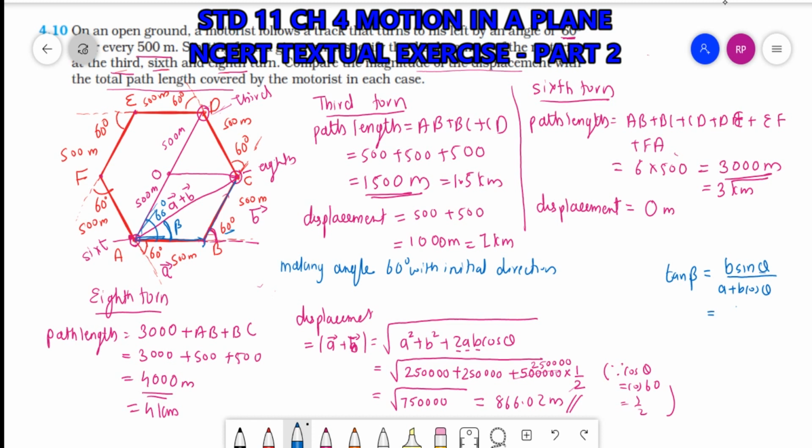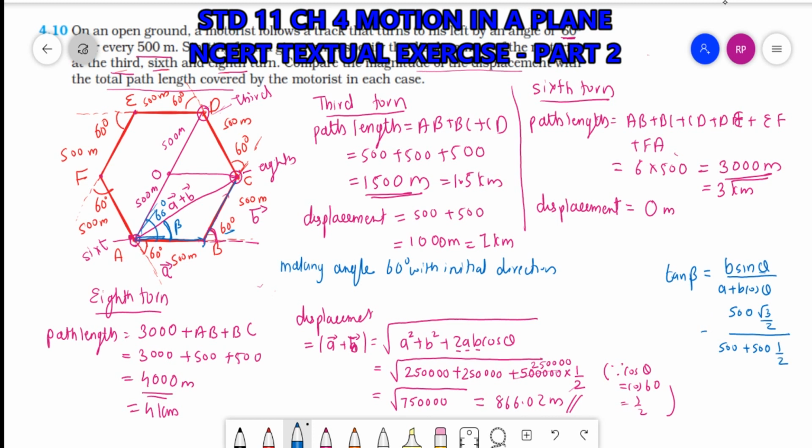Okay, so what is B here? 500. What is sine theta? Here the angle between A and B is 60. So sine 60, its value is root 3 by 2, upon A, that is 500, plus 500 cos 60, it is 1 by 2.